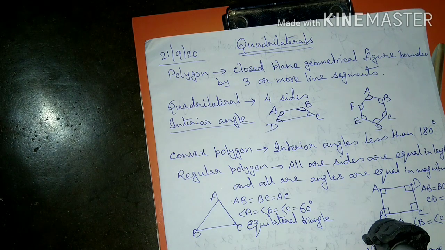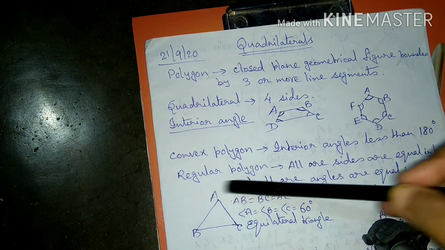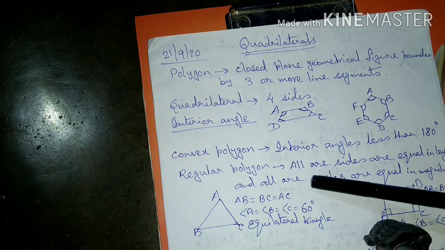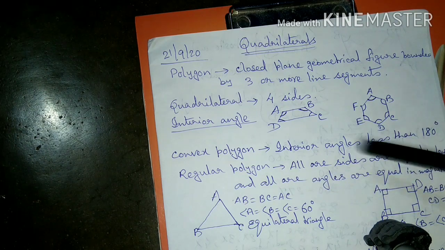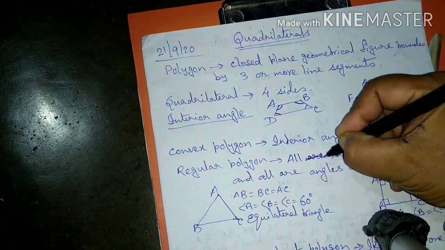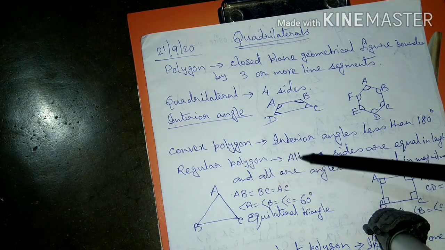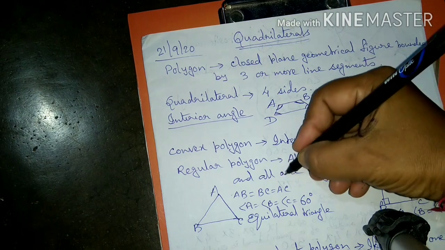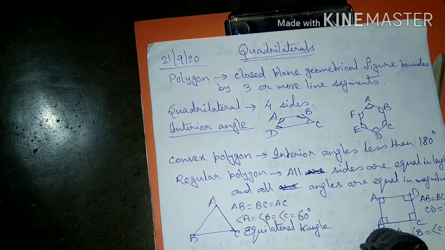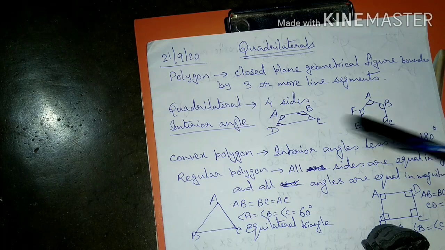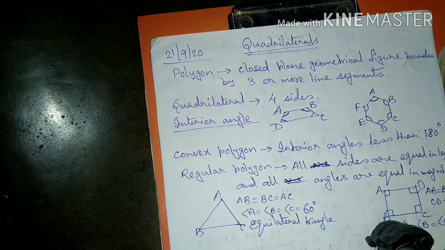Next comes regular polygon. In regular polygon all the sides are equal in length, and also all the angles are equal in magnitude.